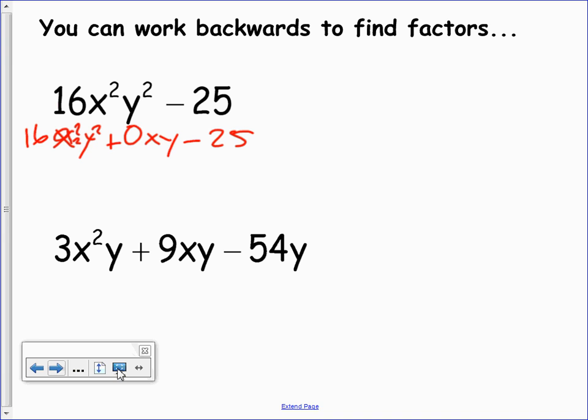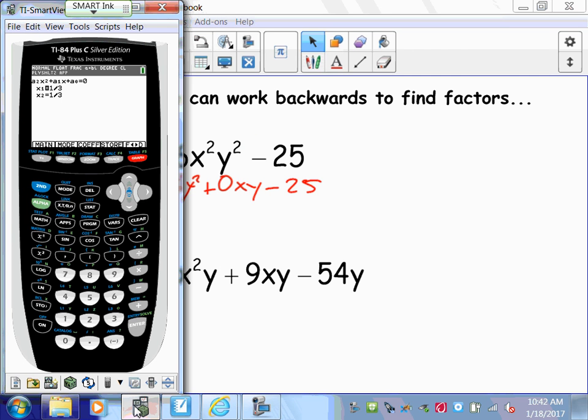On your polysolver, go into coefficients, you're just typing 16, 0, and negative 25. Gosh darn it, you're right.